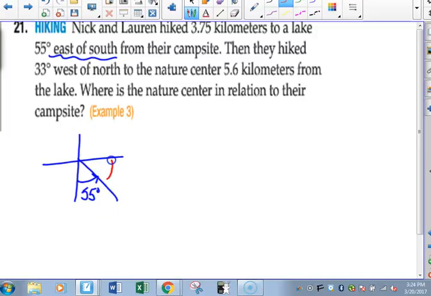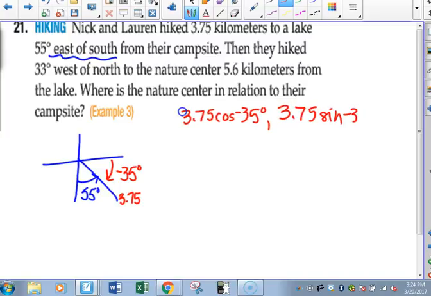So what do we want to measure? Use this number. Negative though, right? Otherwise we won't get the coordinates in the right quadrant. All right, and it was 3.75 kilometers, so we're going to do 3.75 cosine of negative 35, and 3.75 sine of negative 35.